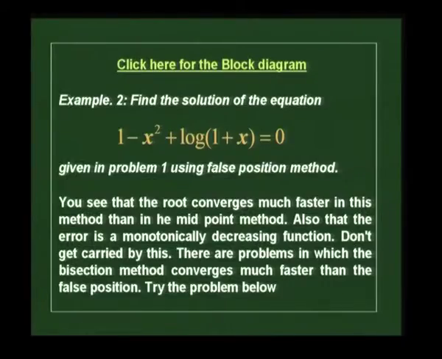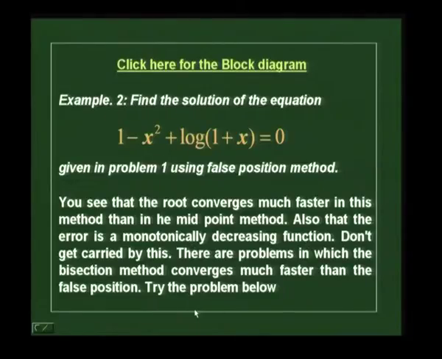We will again see an example of the use of this function using log of 1 minus x squared plus log of 1 plus x, as we saw in the earlier case. We will see that this converges much faster than the bisection method, and that the error here is decreasing monotonically.